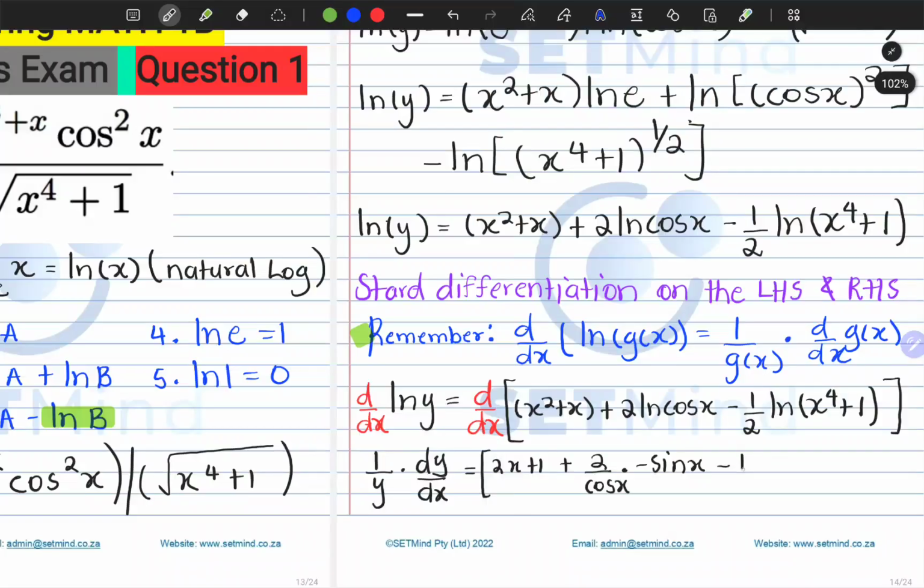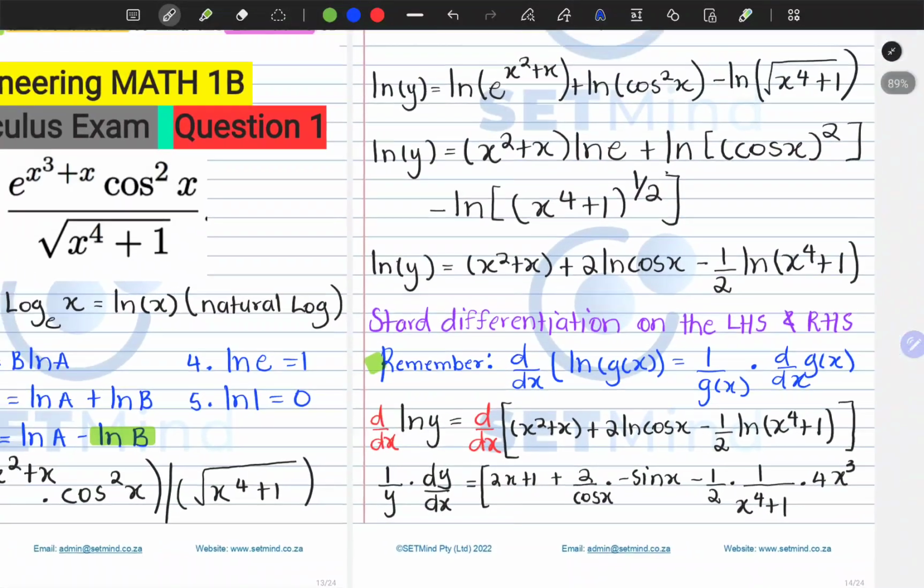And then we'll have negative 1 over 2, multiplied by the derivative of ln of x to the power of 4 plus 1, which will be 1 over x to the power of 4 plus 1. Then when we derive x to the power of 4 plus 1, we'll get 4x cubed.